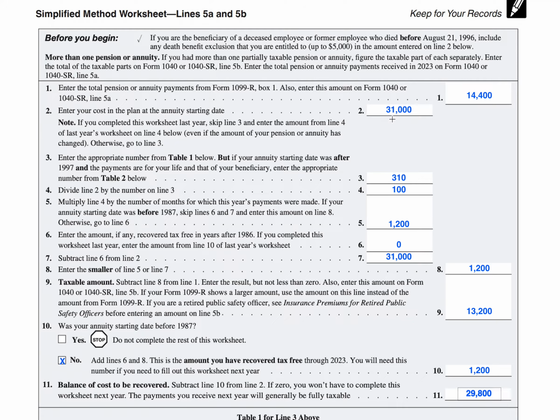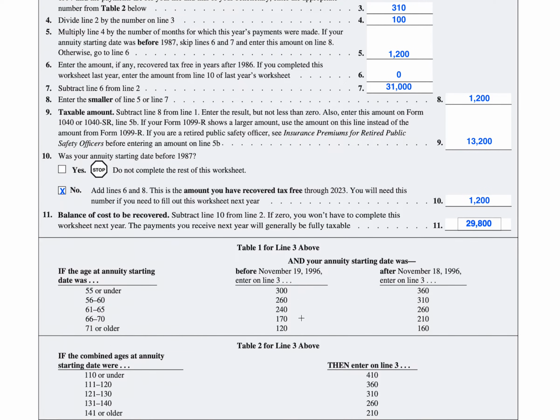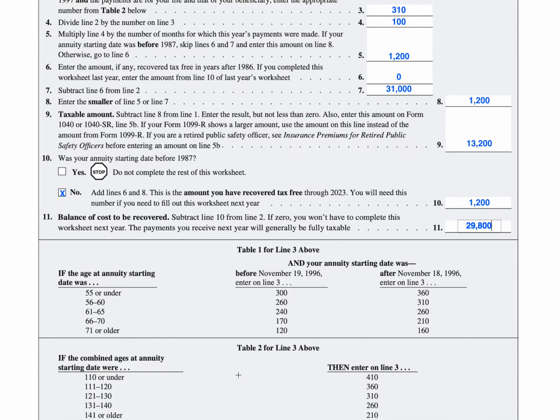Bill must use the simplified method to figure his taxable annuity because his payments are from a qualified plan and he is under the age of 75. But because his annuity is payable over the lives of more than one annuitant, he'll use his and his spouse's combined ages and Table 2 at the bottom of this to calculate line 3.